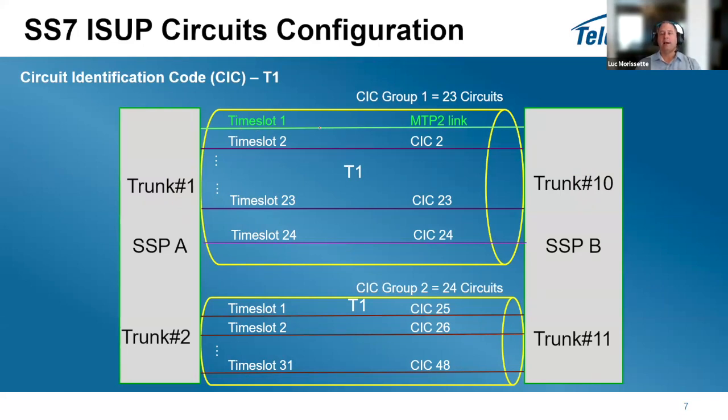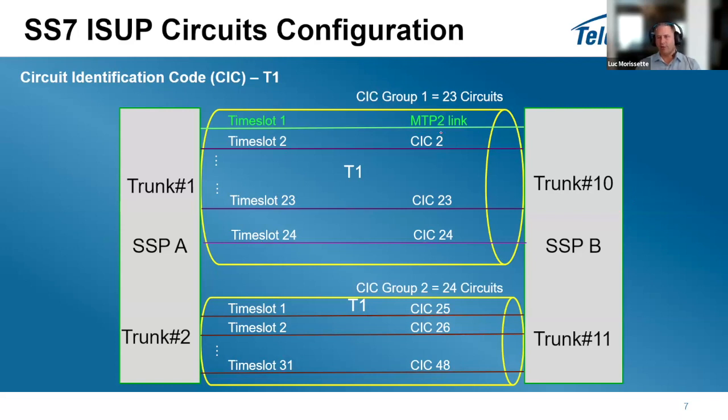But the CIC value that you see here, you will assign one time slot a CIC value. So on this side here, CIC2 means it's trunk number 1 time slot 2. And the CIC2 on this side means that it is trunk number 10, time slot 2. Okay? You have this reference here also with CIC23, time slot 23, CIC24, time slot 24.